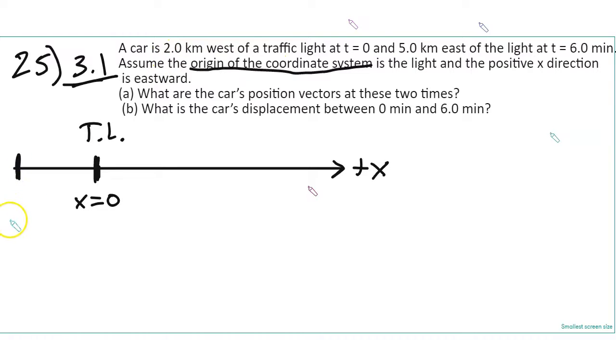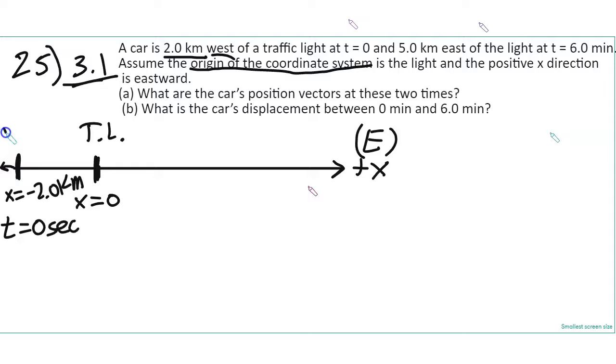So let's call this time equal to 0 seconds. And we know that this is x equals negative 2.0 kilometers. Now notice, they give us 2.0 kilometers there, but it says west. Now typically east is in the positive x direction, and then west is in the negative x direction, okay?